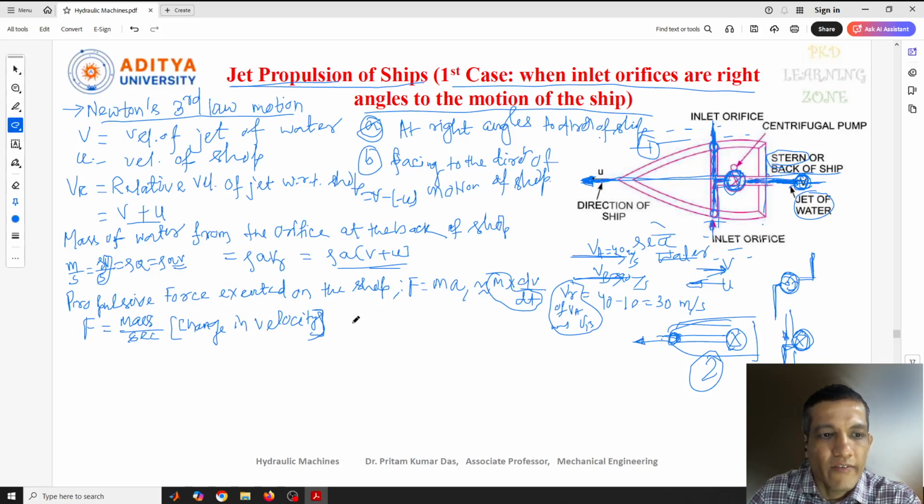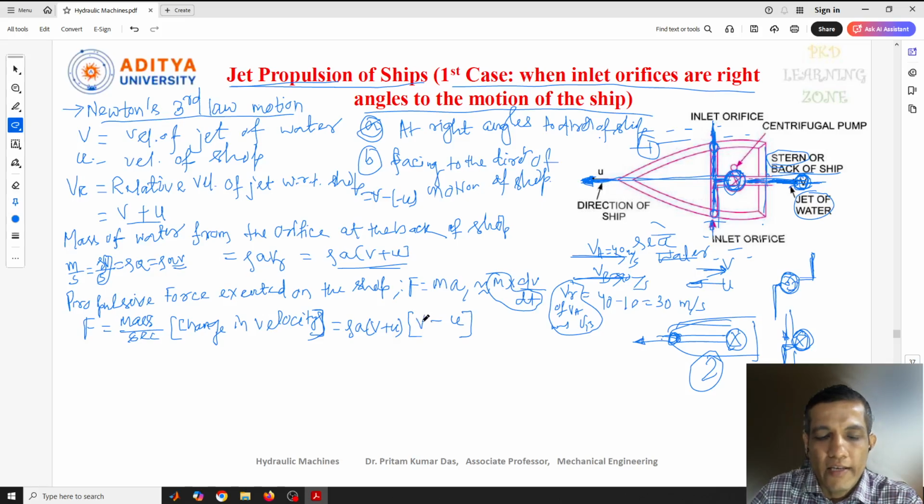So mass per second we can write as rho a (v plus u), and the change in velocity I can write as v minus u, where v is the velocity of the jet of water, and this is u.